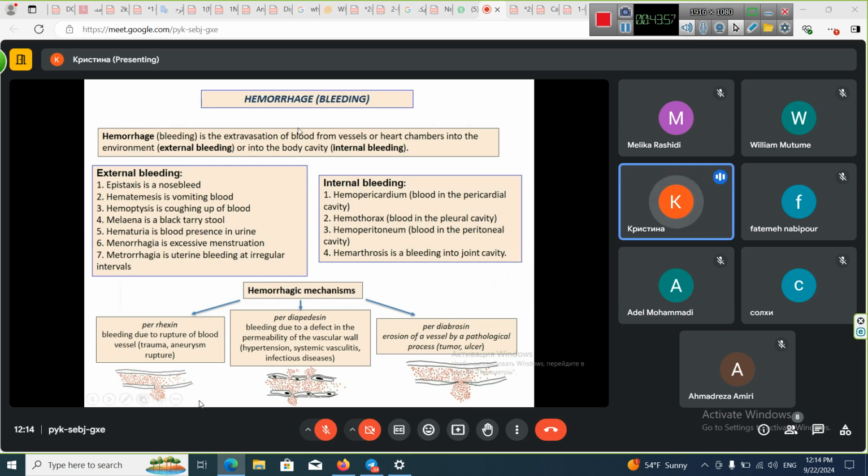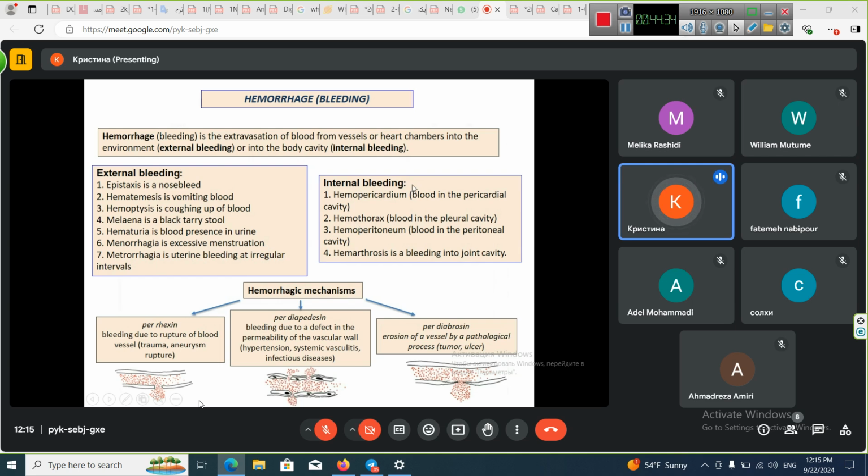You should just learn the information which is shown here about hemorrhage, which means bleeding. External bleeding: examples are where blood can come from the nose, during vomiting from the stomach and intestine, during coughing from the lungs and bronchi, from the intestine with the stool, etc. So external bleeding is when the blood comes from inside of our body outside.